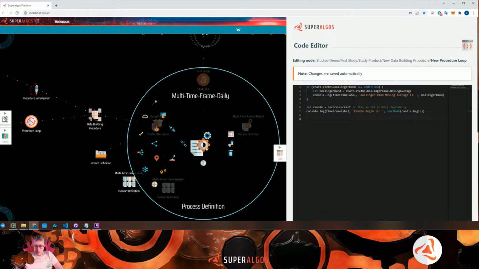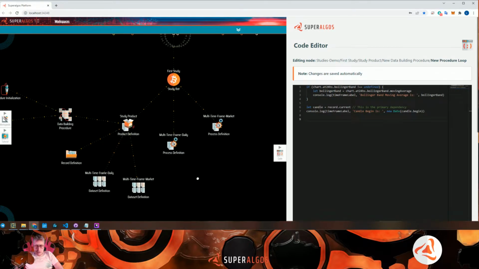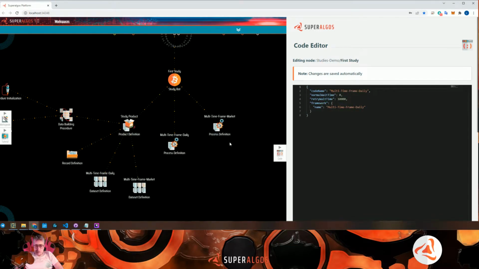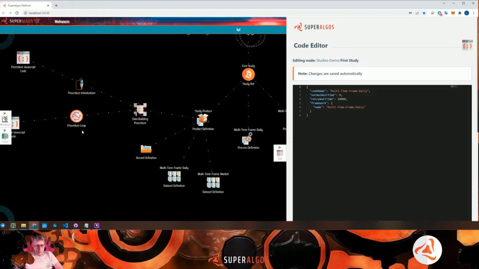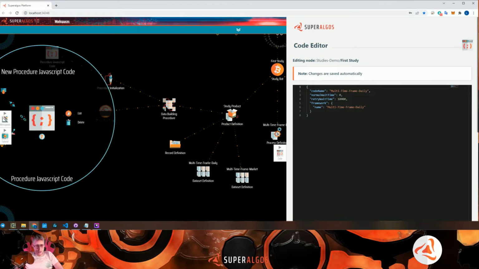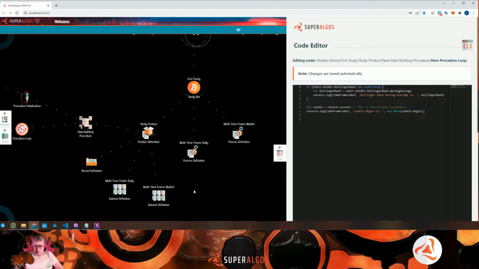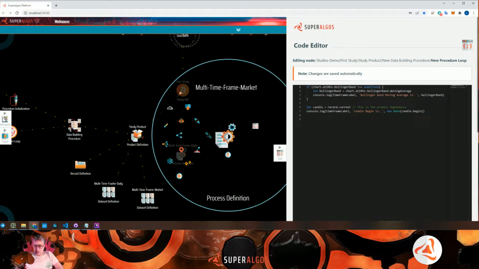It's going to run at every time frame: 1 minute, 2 minutes, 3 minutes, 5 minutes, unless you have filters for this. And it's going to run at 1 hour, 2 hours, 3 hours.